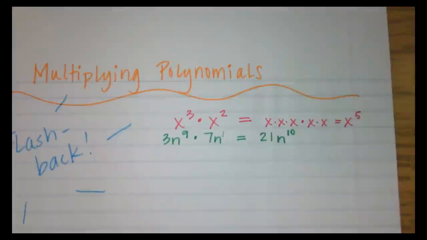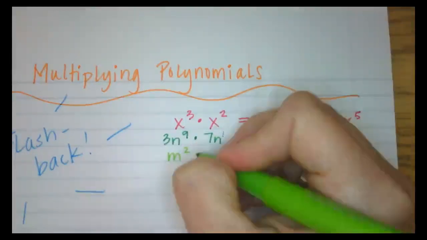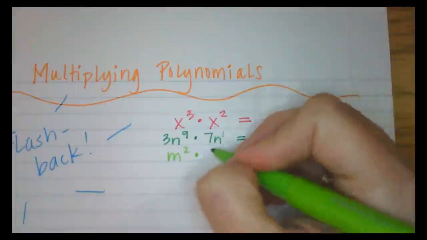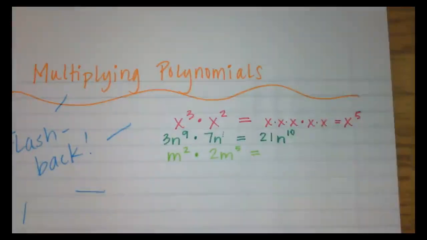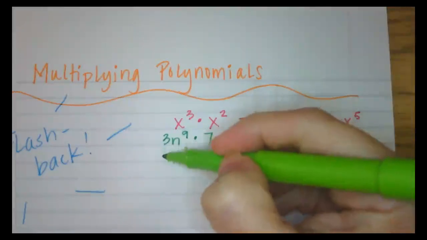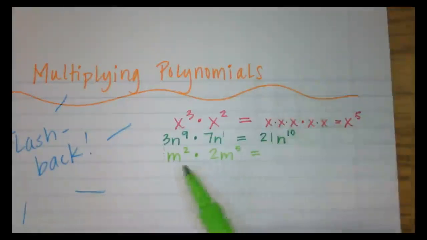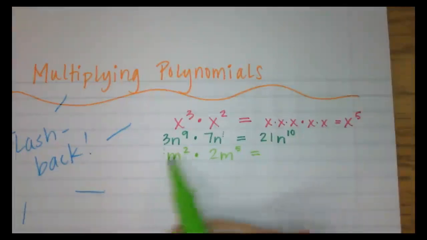One more and then we'll move on. Let's say we had m squared times 2m to the fifth. There is an understood 1 in front of the m squared that we typically don't write, because 1 times anything is anything.